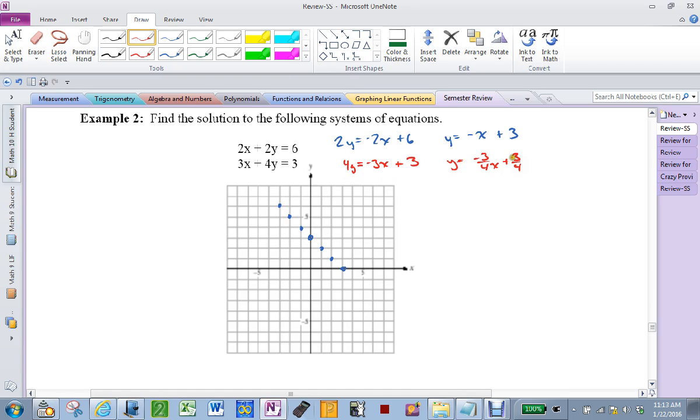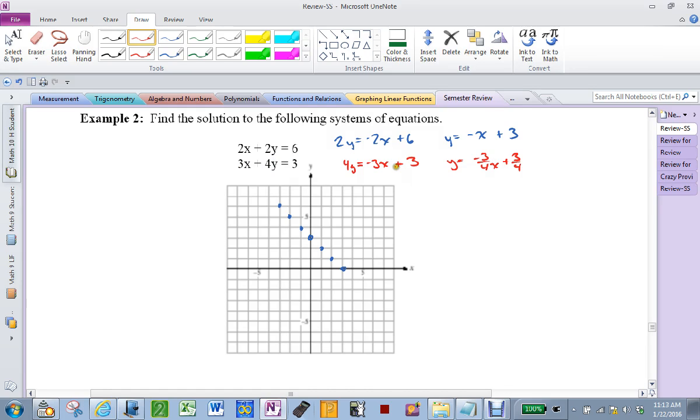Now that's difficult because it's plus 3/4. So since I've made the mistake of already graphing and I can't change my scale, I've got to think about this. When I put it in slope-intercept form, it doesn't work very well. So I could do some intercept work because I know my slope.